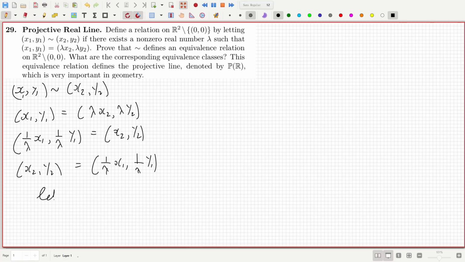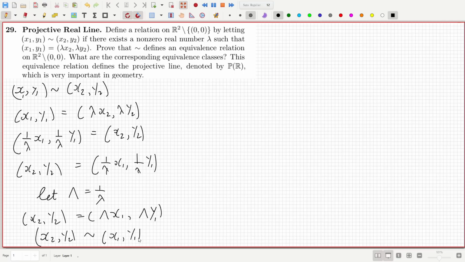To make it really clear, let λ equal 1/λ. Then you get (x2, y2) equals (λx1, λy1), or in other words, (x2, y2) is equivalent to (x1, y1). So that's true.